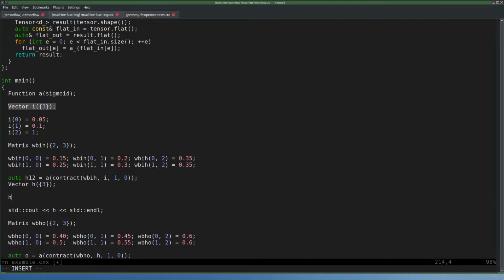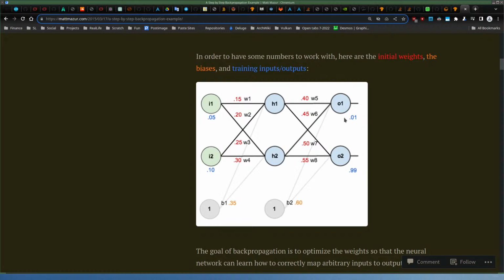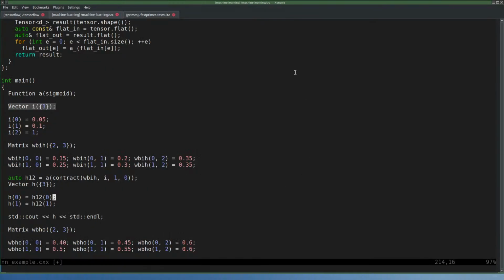So you can say H0 is H12 0, and H1 is H12 1, and that makes you wonder if I shouldn't call it H10. But yeah, it's 1 and 2 here, although I'm starting at 0. Still, I think I'm going to rename it O1 here then.